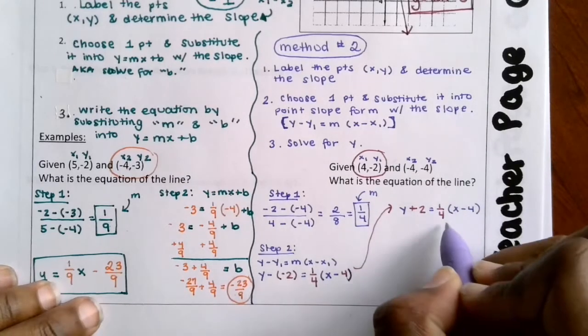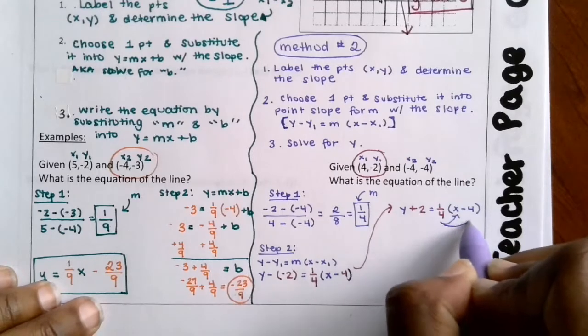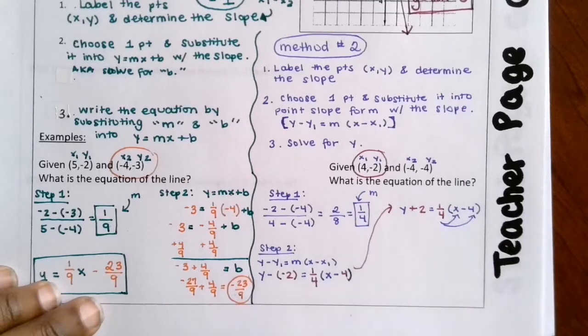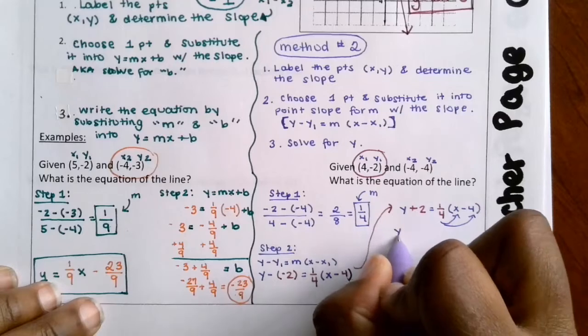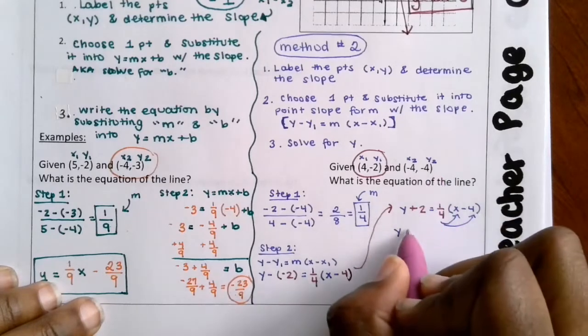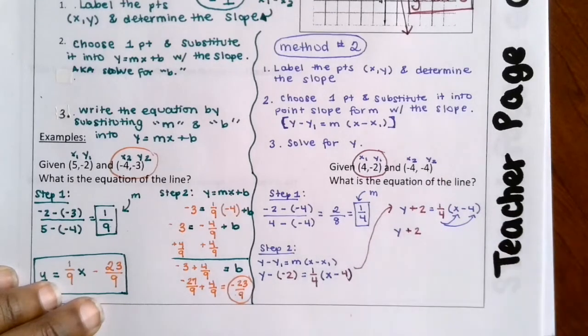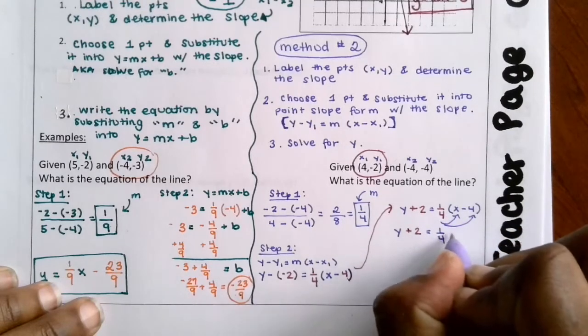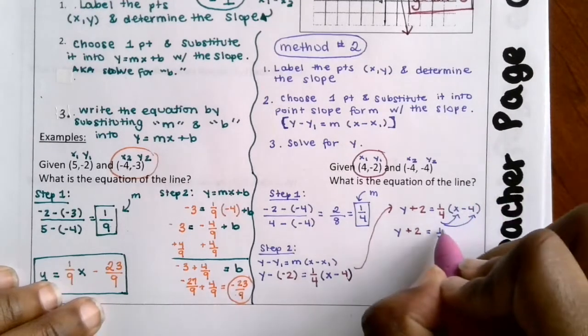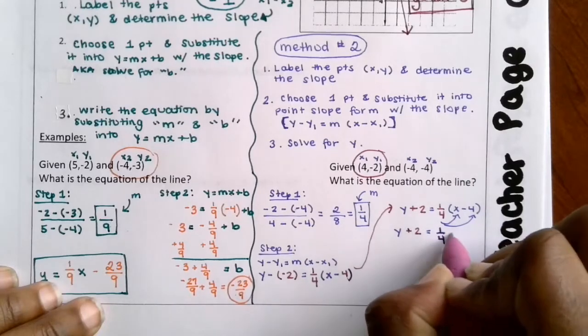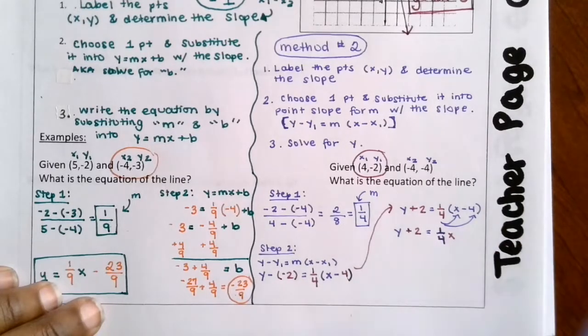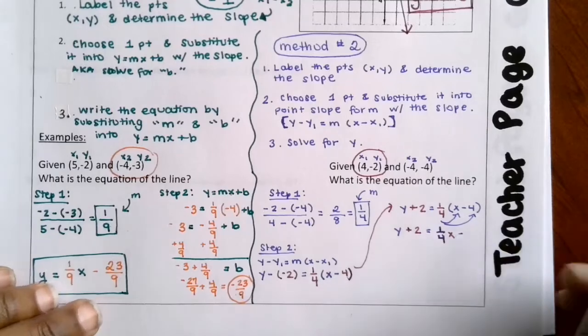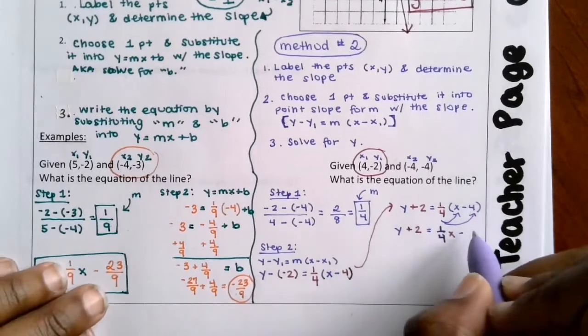To begin isolating y, I'll need to first distribute that 1/4 into the parentheses. So my equation becomes y plus 2 is equal to a fourth x minus 4/4. Remember that you multiply fractions going straight across.